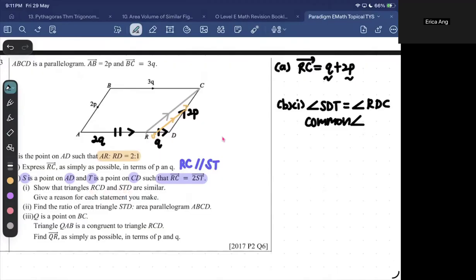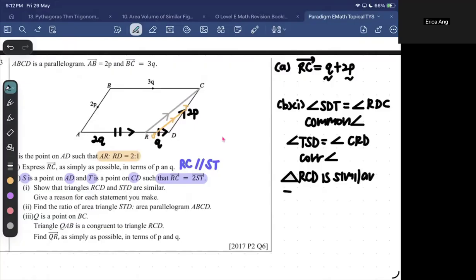Then angle TSD equals angle CRD. The reason is corresponding angles. Good enough already. So triangle RCD is similar to triangle STD, by AA. For similar triangles, my priority is always AA.